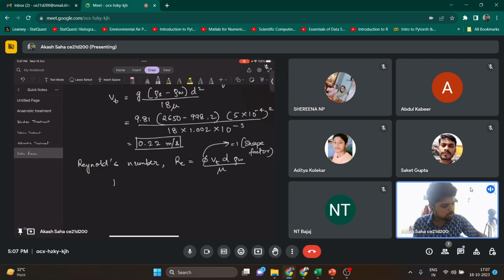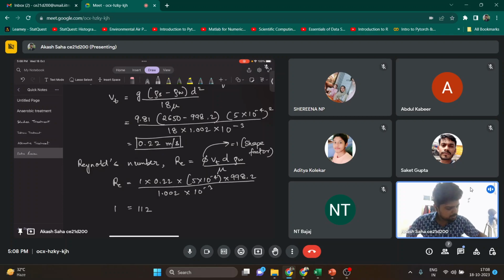Now my Re will become 1 into, what is my Vt? Vt is 0.22 into 5 into 10 to the power minus 4 into 998.2 divided by 1.002 into 10 to the power minus 3. If we calculate this, we will get it as 112.